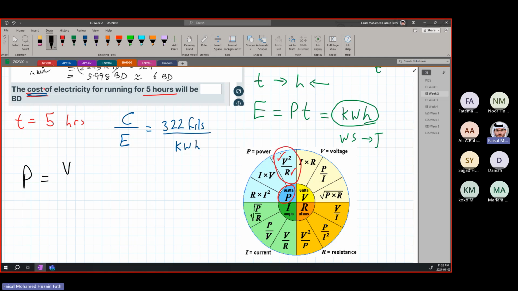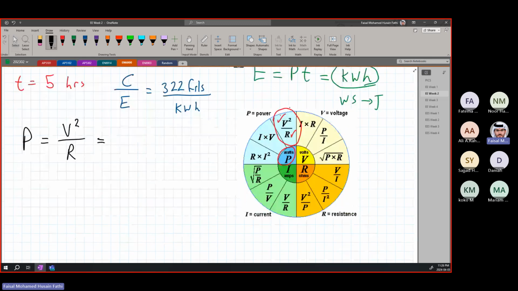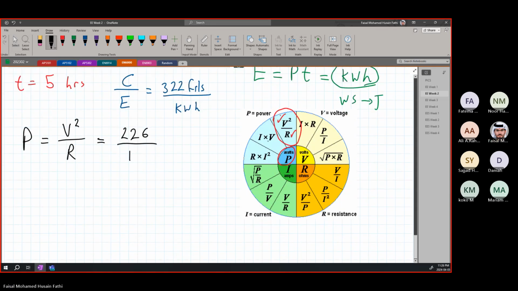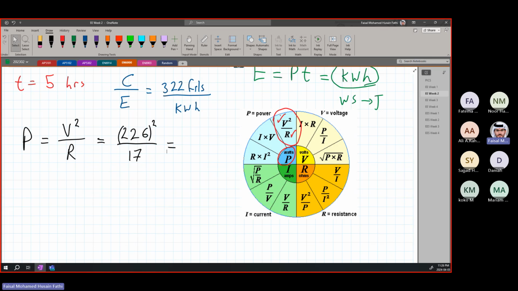P is equal to V squared over R, which is the voltage given as 226 over the resistance given as 17, all squared for the voltage. So the power is going to be equal to 3004.47 watts. Okay, this is the power, 3004.47 watts.